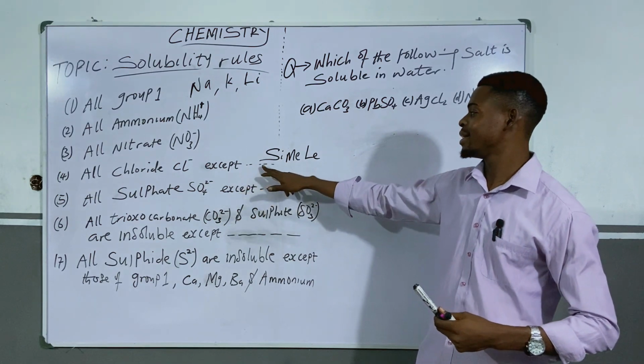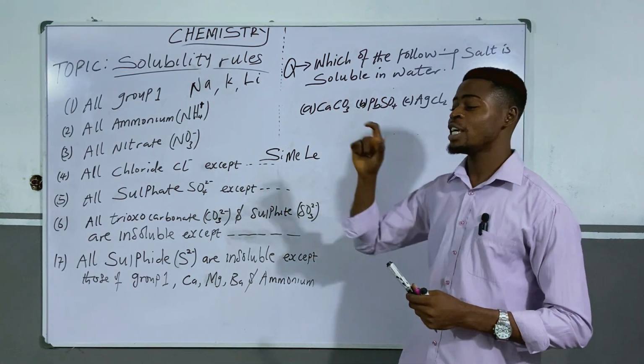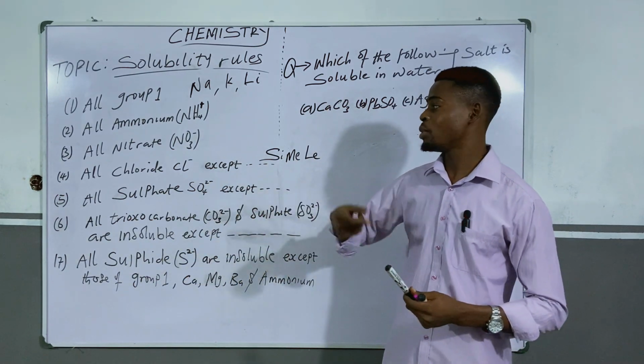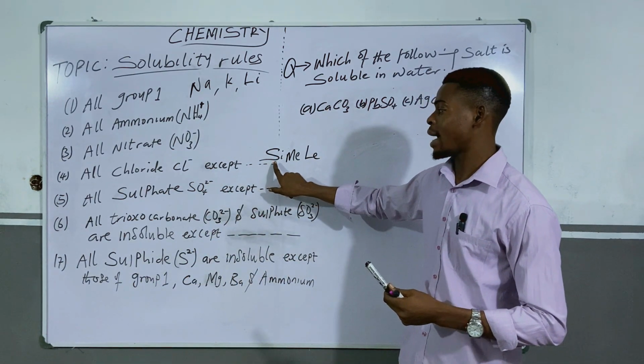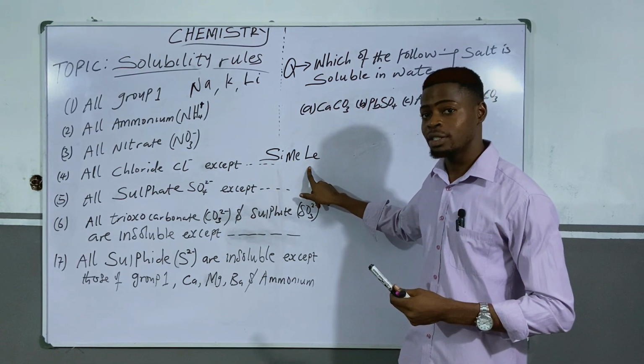All chloride ions are soluble except those of silver, mercury, and lead. That is, when you see a compound with chlorine, it must be soluble, except when you have the compound with either silver, mercury, or lead.